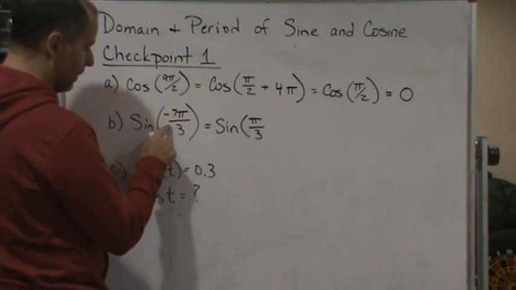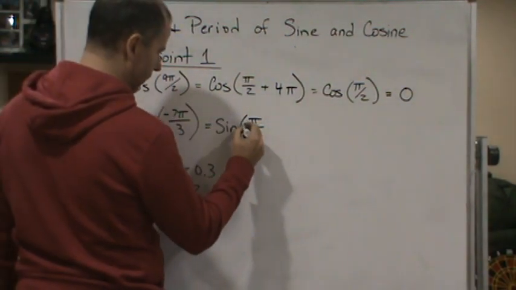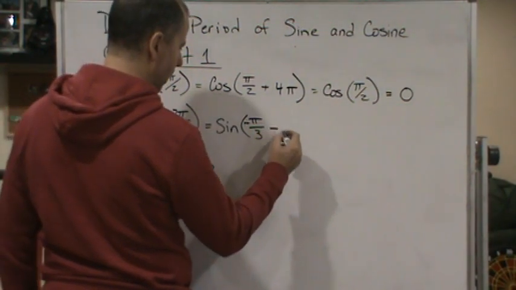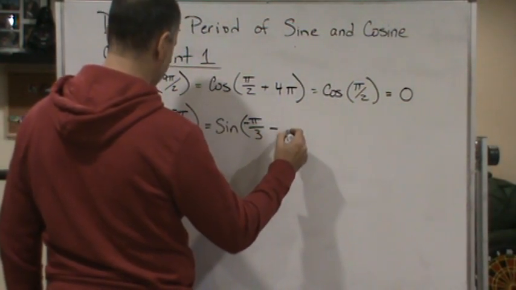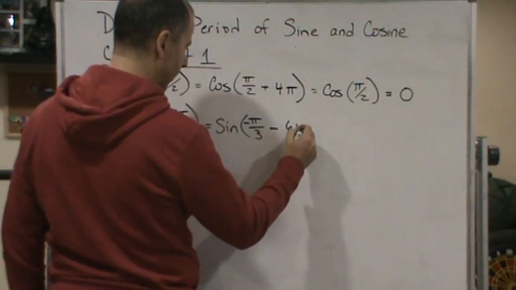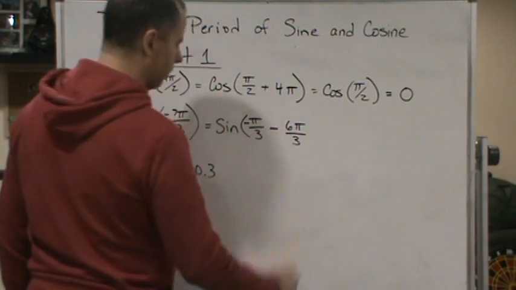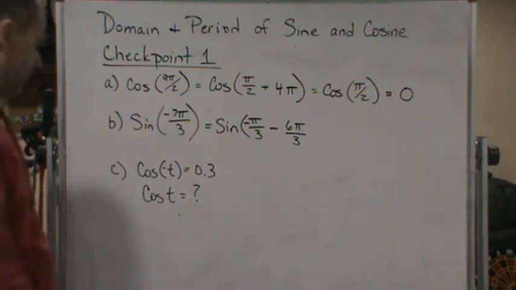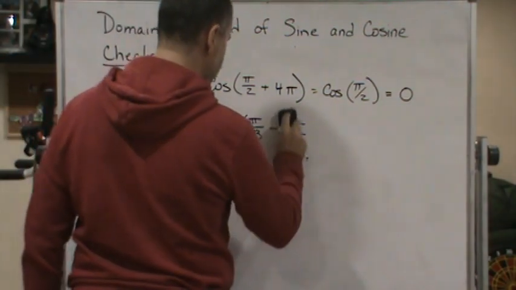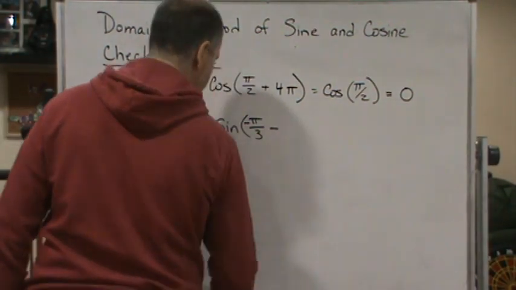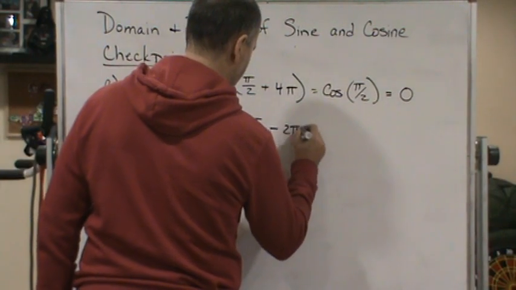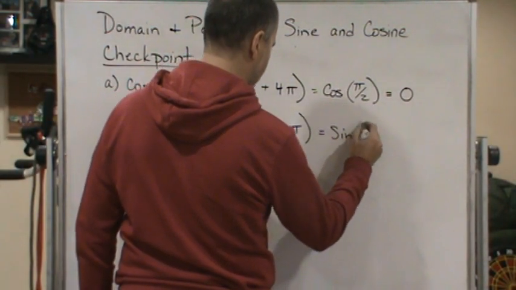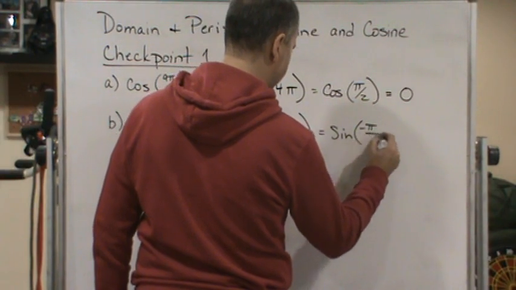But if you notice, if I have a negative here, then all I have to do is just subtract off 6 pi over 3. And 6 pi over 3 is a multiple of 2 pi. In fact, it is 2 pi. So I know that this is going to equal sine of negative pi over 3.